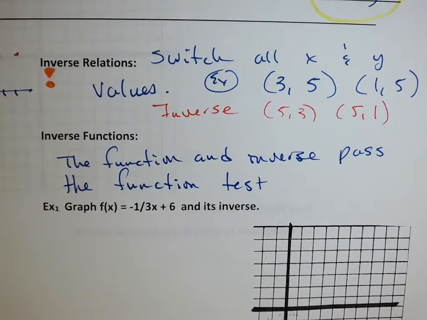Now what's our function test? Well, one of them is the vertical line test, right? And you can see in this example, the inverse did not pass the vertical line test, or the definition of function, that is, every x value has only one unique y value, right?